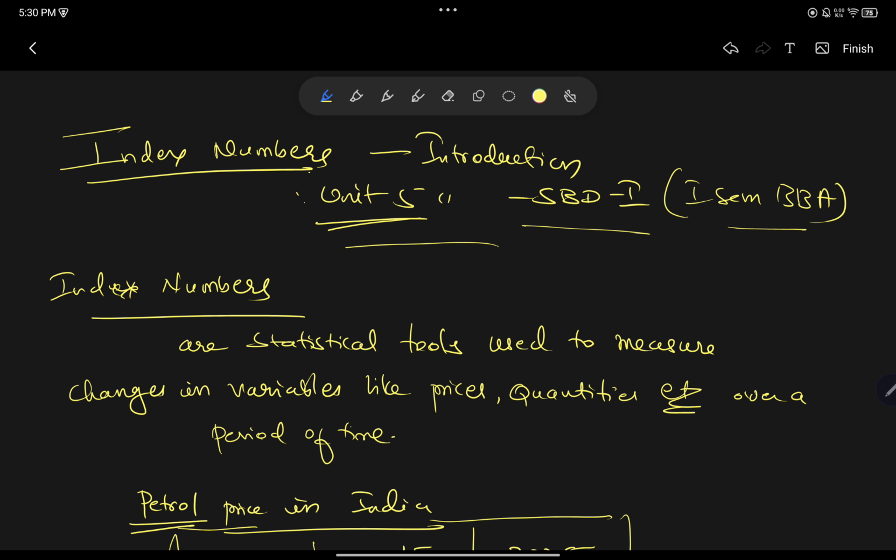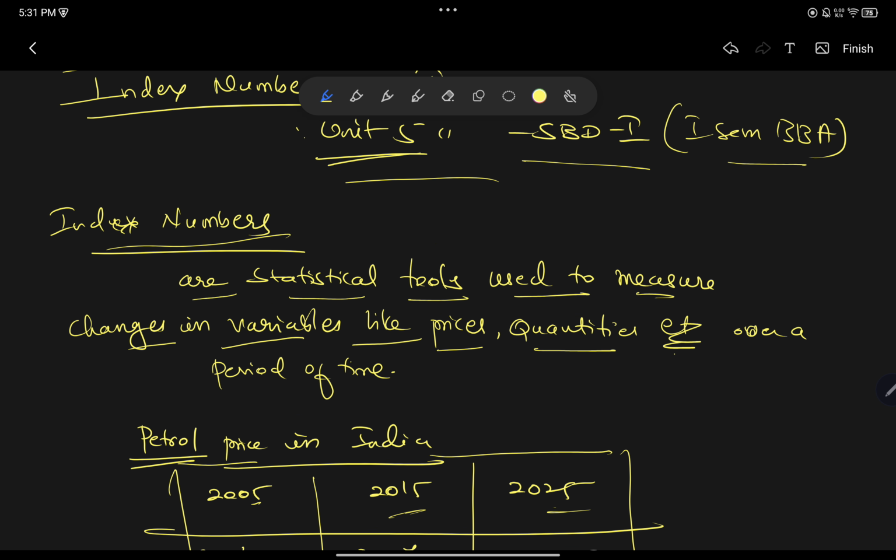Index numbers. First, let's understand what is the meaning of index number. Index numbers are statistical tools used to measure changes in variables like prices, quantities, etc. over a period of time. What does this mean? It is a kind of statistical tool, like we use mean, median and mode.